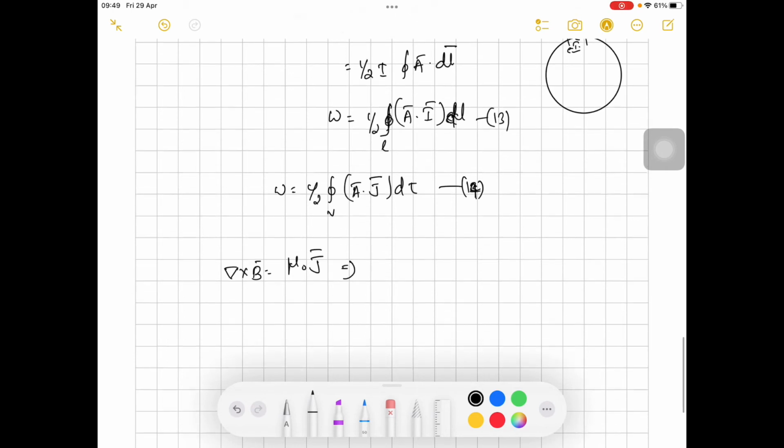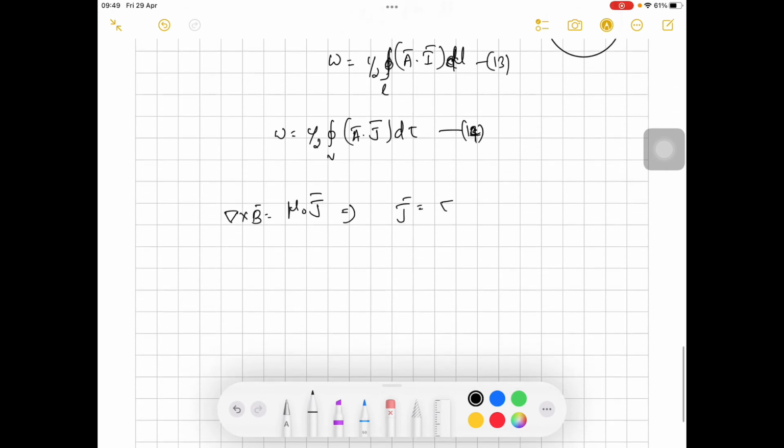From this J is equal to del cross B by mu 0.